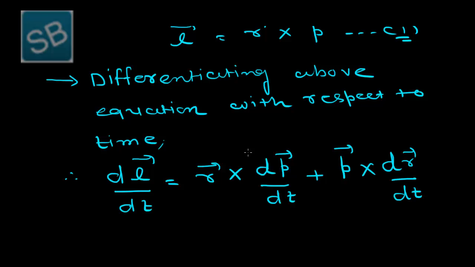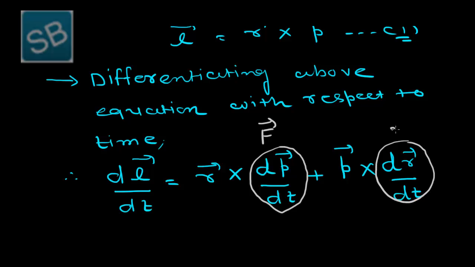But we know the rate of change of momentum with respect to time is given by force. So here I am denoting this particular quantity as the force, and also the rate of change of position with respect to time, that is displacement upon time, is our velocity.